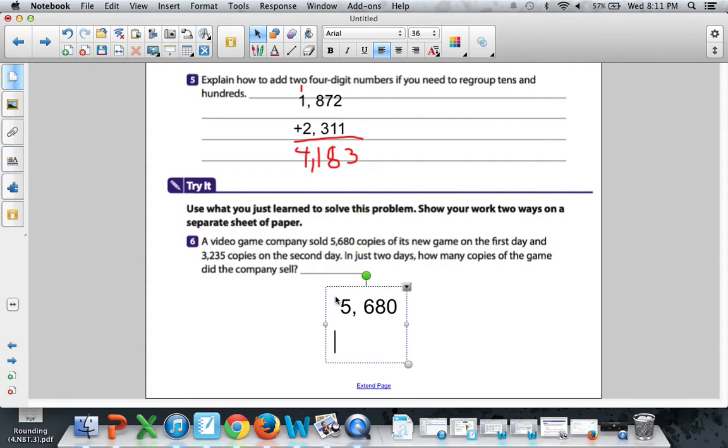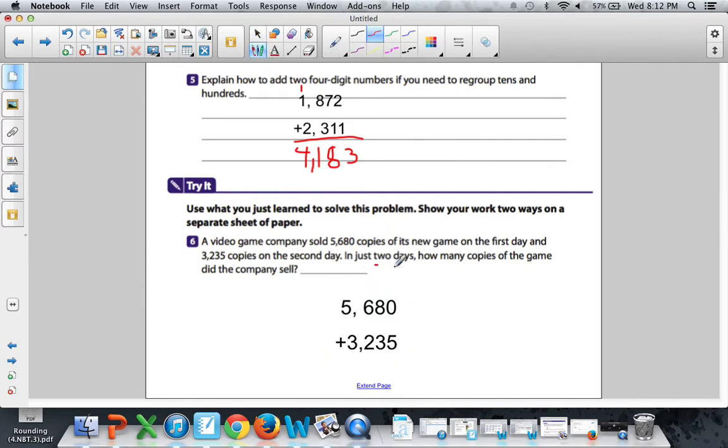And what are we adding? We're adding 3,235. So this is an addition problem. I know that because they want to know how much they sold in the 2 days, not just one. And 0 plus 5 is where you start.